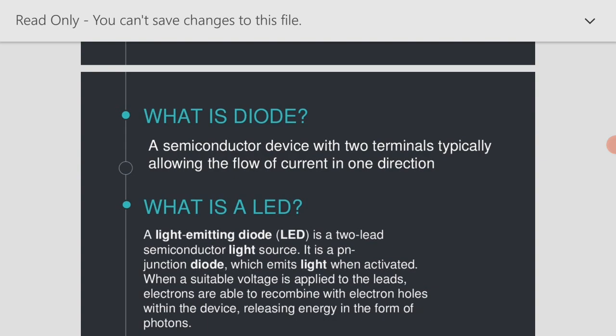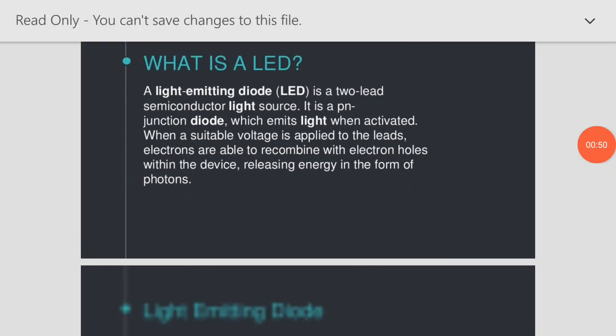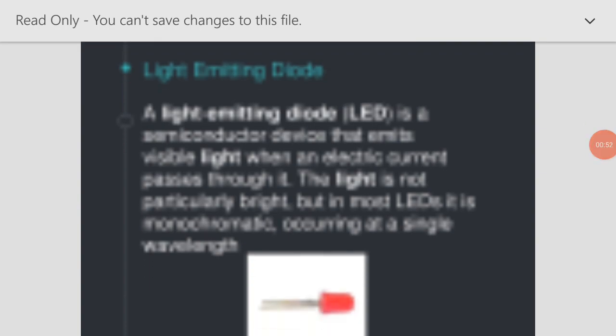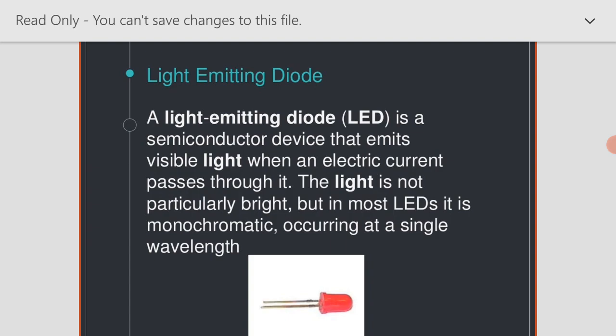When a suitable voltage is applied to the leads, electrons are able to recombine with electron holes within the device, releasing energy in the form of photons. A light emitting diode, LED, is a semiconductor device that emits visible light when an electric current passes through it.